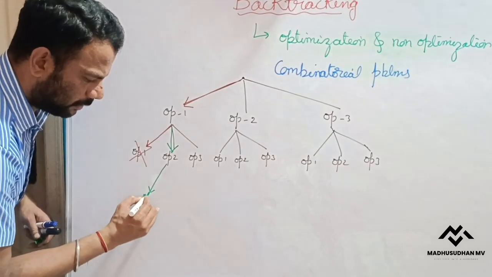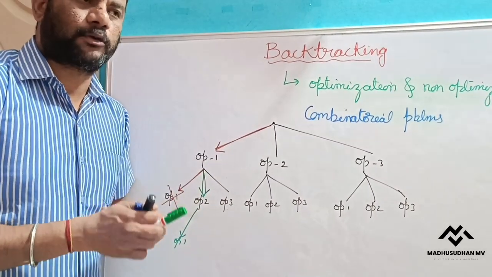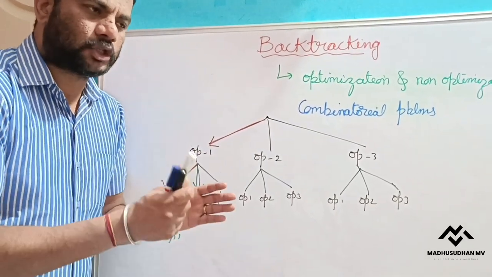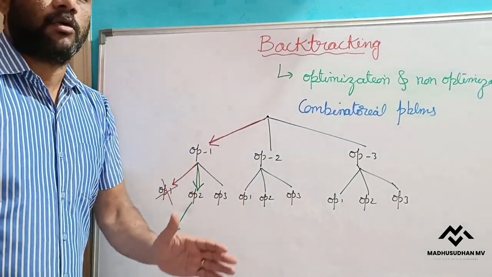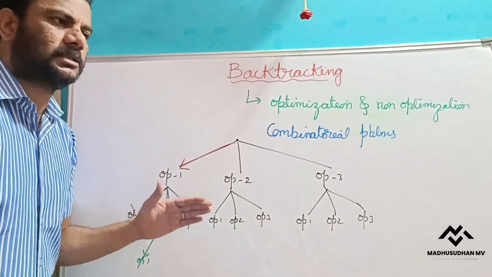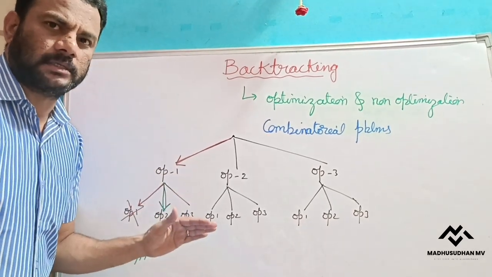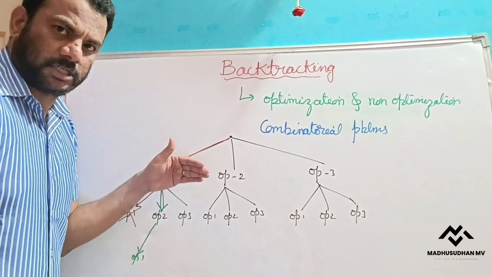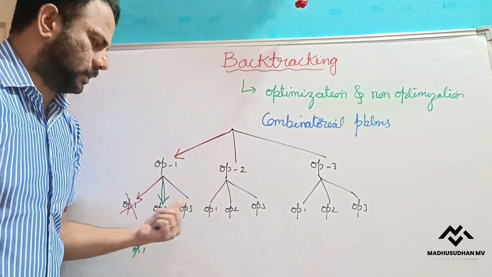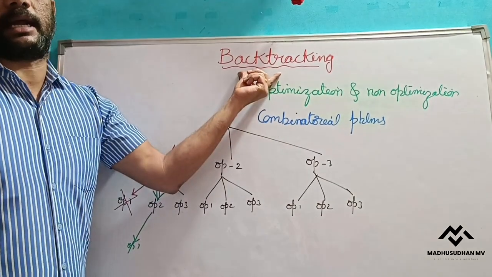Like this, whenever an option or a choice promises to lead towards the solution, it continues. Whenever it is not possible to get the solution from this position, that means it violates the problem constraints, then it goes back one step and tracks from the next option. That's why it goes back and tracks from the next option. Hence the name backtracking.